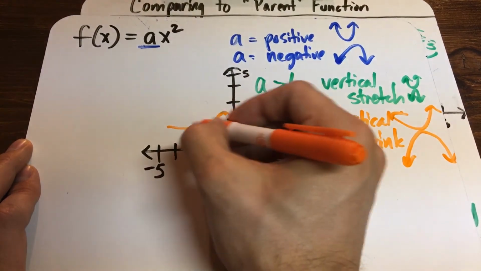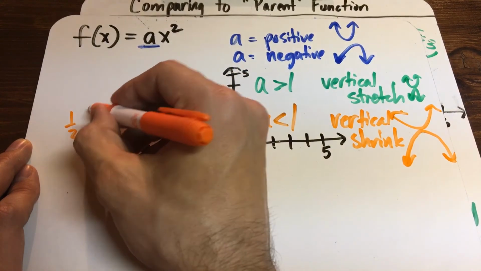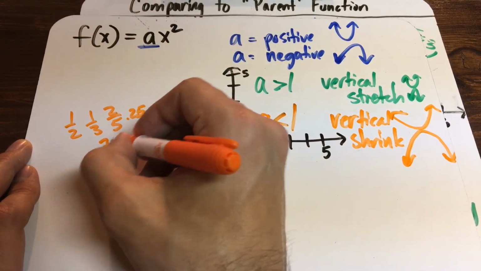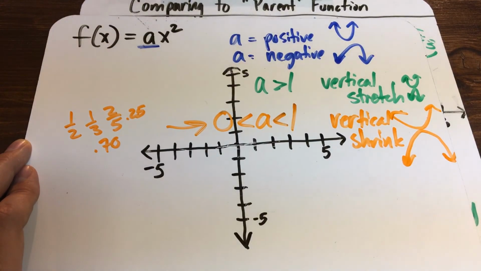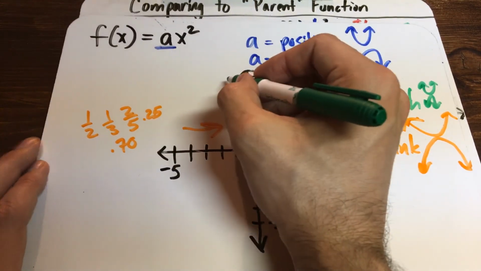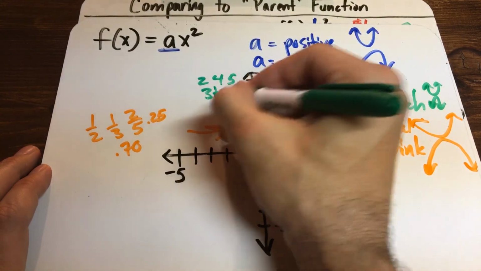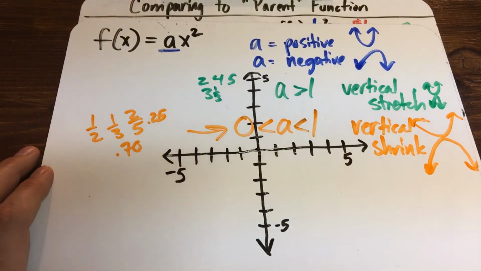So these will be all your fractions: 1/2, 1/3, 2/5, 0.25, 0.70. And when the A is bigger than 1, it'll be things like 2, 4, 5, 3 1/3, all of those numbers.